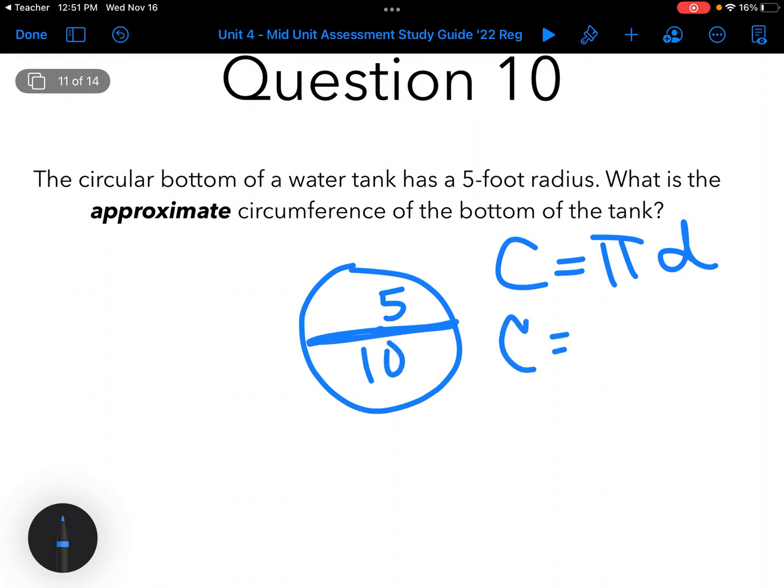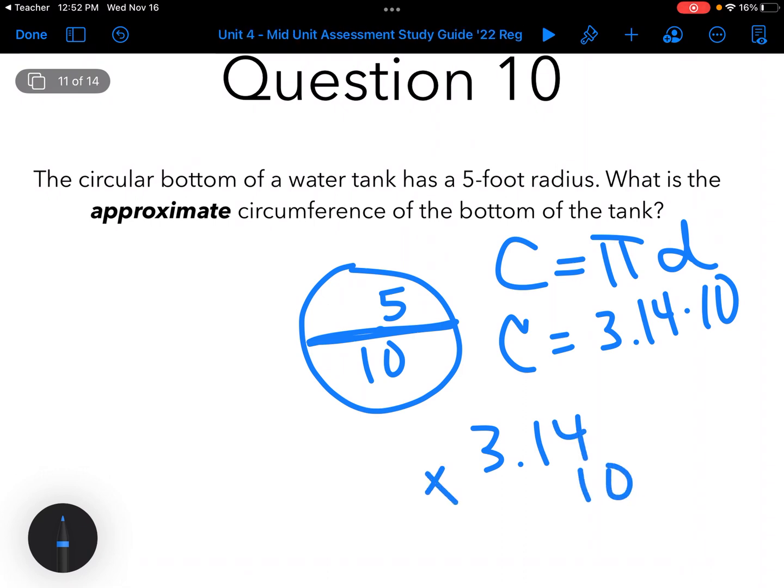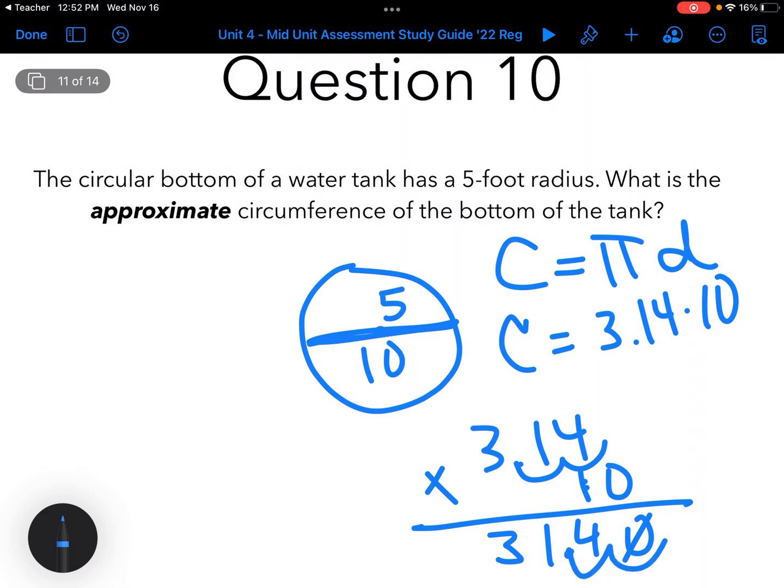So C equals 3.14 times 10. So 1 times 4 is 4, 1 times 1 is 1, 1 times 3 is 3. So I have 2 numbers behind the decimal, 2 numbers behind the decimal. So it would be 31.4 feet would be my circumference.